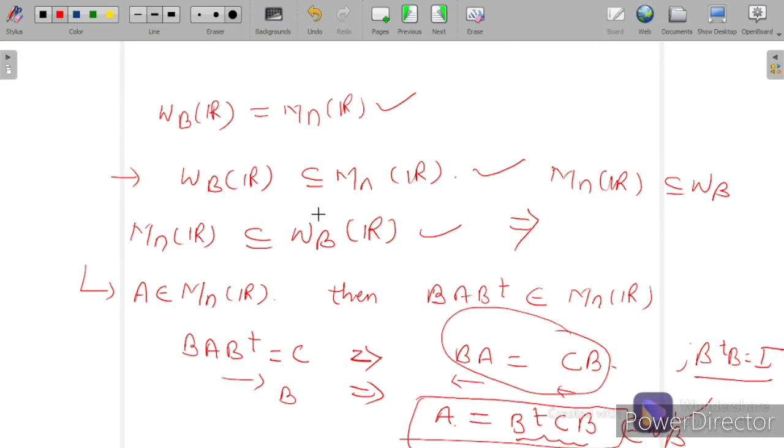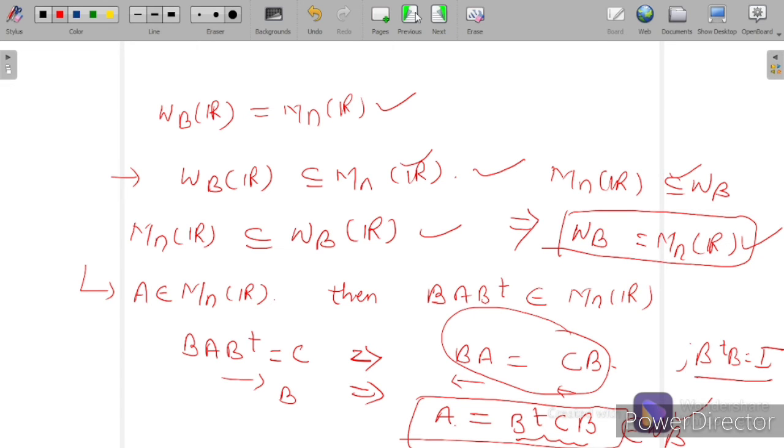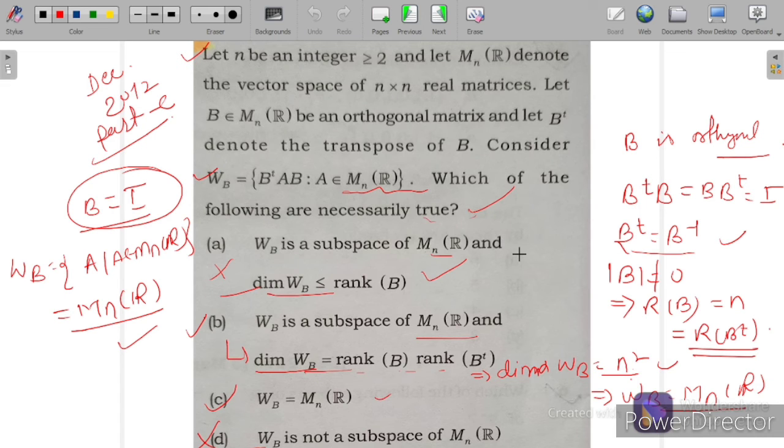Therefore, from this equation and this equation, we will have W_B equal to M_n(R). So option B is right and C is right.